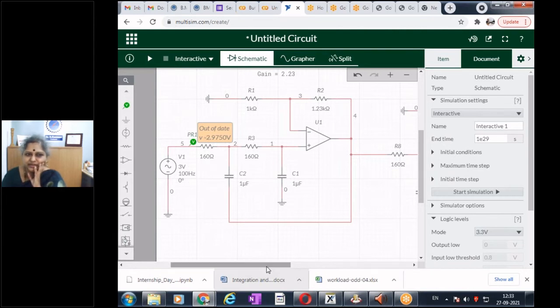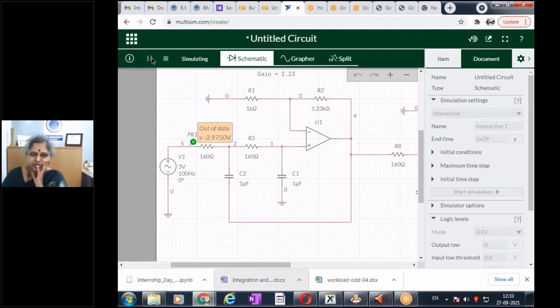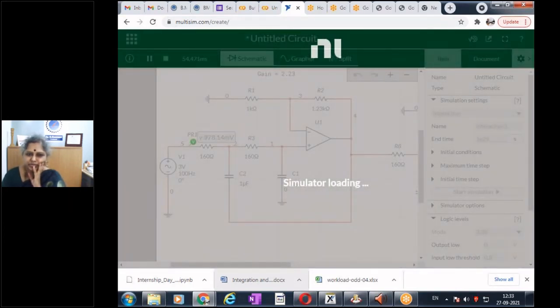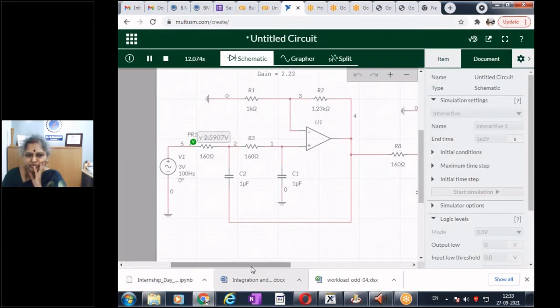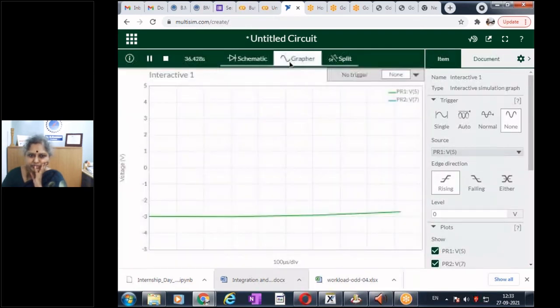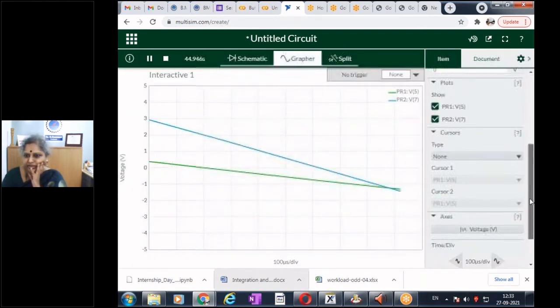Now let's run the circuit. Let's run the simulation, and we are expecting an overall gain of around 2.2. So we have given 100 hertz as my input, and then let us see the output.